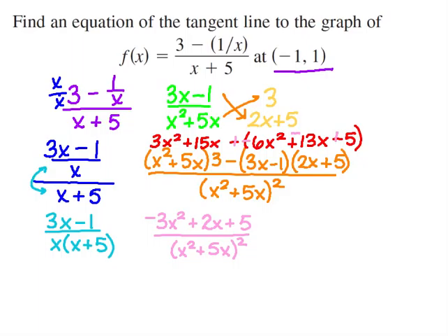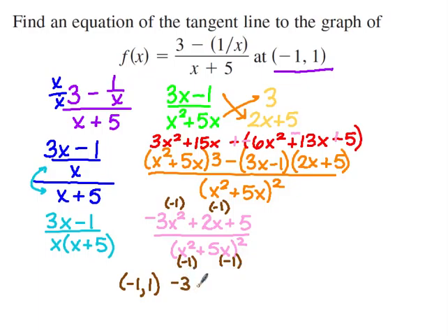Now, if you notice, this is finding the equation of the tangent line, so this implies the slope. At negative 1, 1, I'm going to plug in negative 1 for x. And that's going to tell me the slope of the given line. So let's see. I have negative 3 times negative 1 squared, which is going to be what?